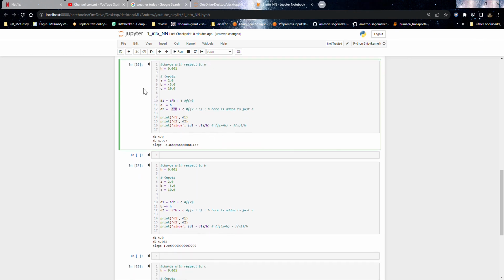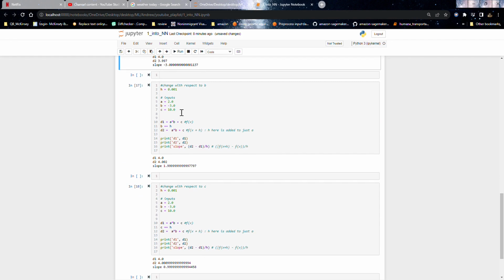And if we do the same with respect to B, where we increase B to find the derivative, then we could see that the slope is actually equal to A, and now d2 is greater than d1, because B being a negative value, by adding h to it, we got it closer to 0. I mean closer towards a positive scale, and hence the effect of the negative reduces.